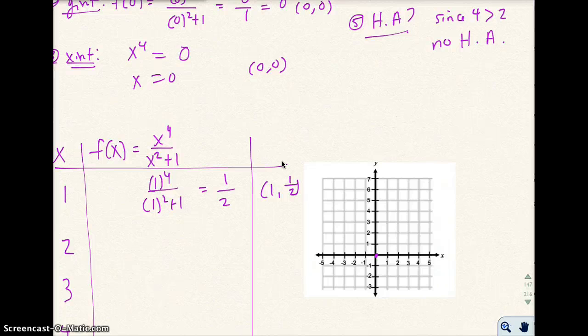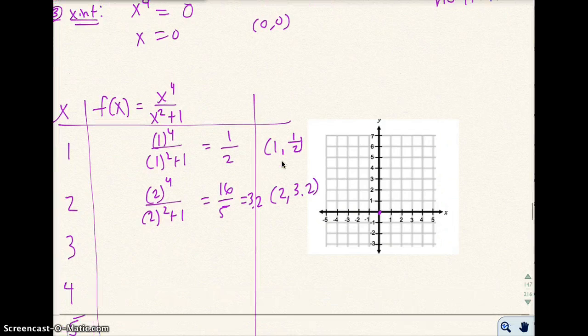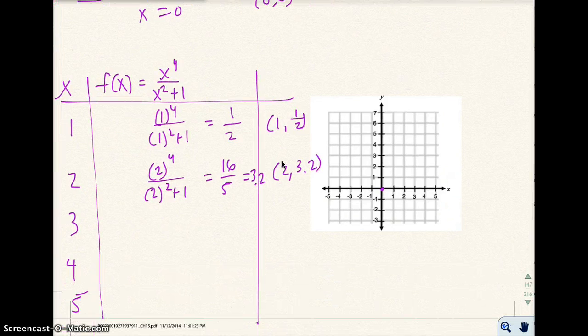For 2, I get 2 to the fourth power over 2 squared plus 1, which is 16 over 5, or 3.2, so the point is 2 comma 3.2. For 3, I get 3 to the fourth power over 3 squared plus 1, which is 81 over 10, or 8.1.